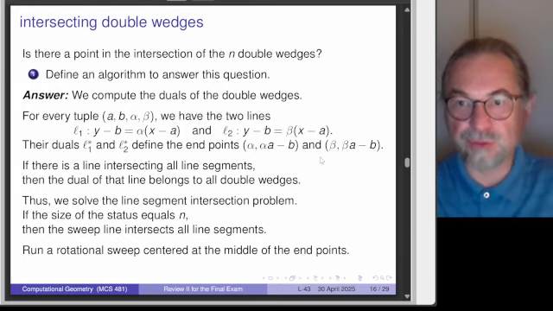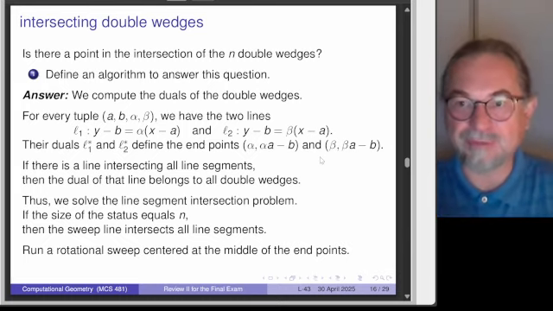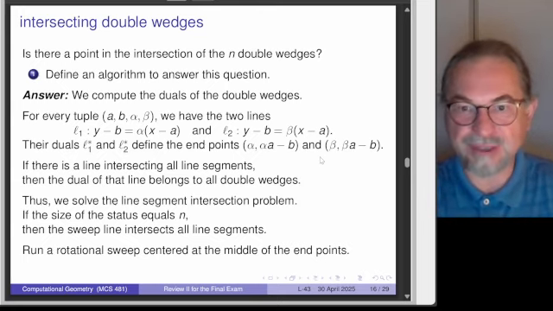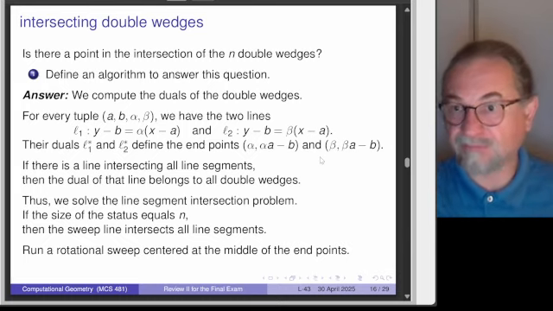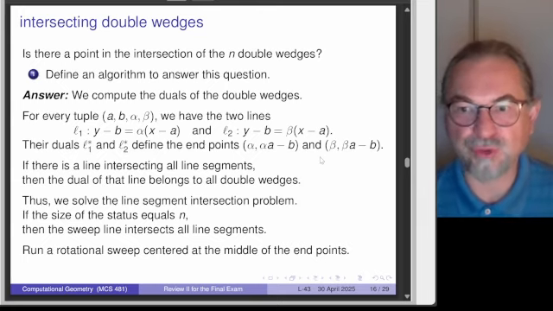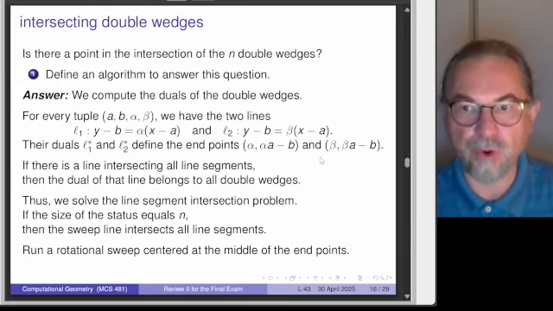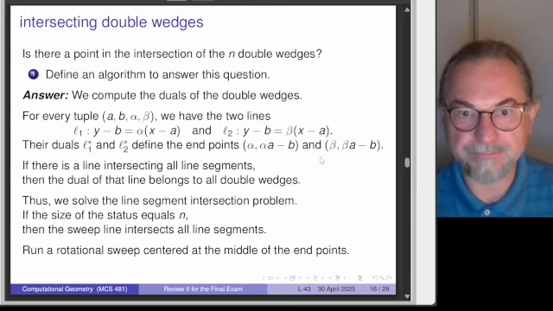Two segments define a trapezoid. We've talked about trapezoids. If you take the center of the trapezoid as the center of your rotational sweep, then the center lies in the convex hull of this trapezoid. So you can find a line where you enter and leave the trapezoid through the line segments. That's the motivation for the rotational sweep.